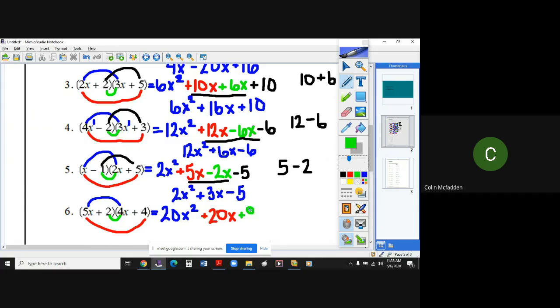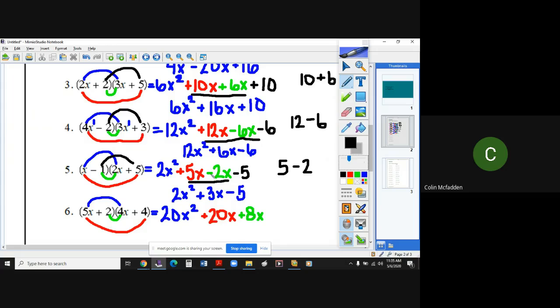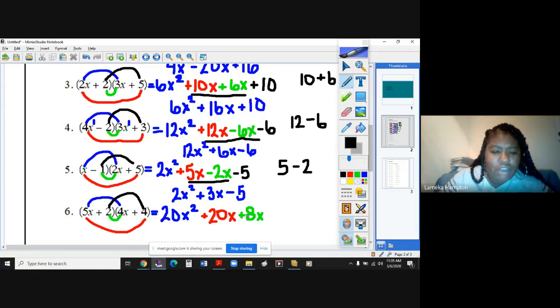All right. And last but not least, what numbers am I multiplying for my last term? The 2 times 4. Yep. And that gives me an 8.